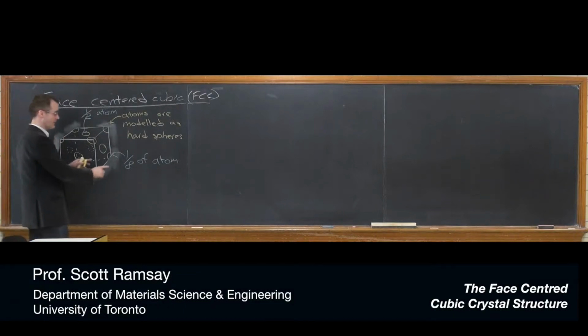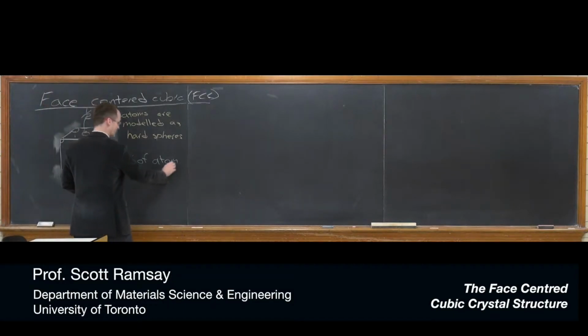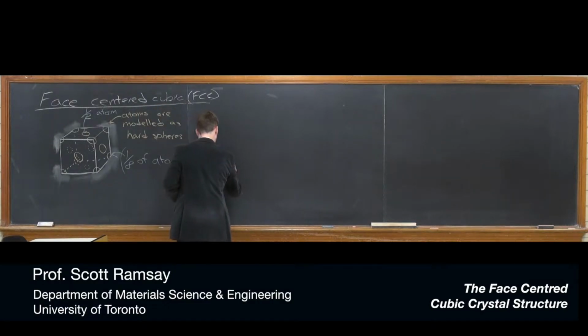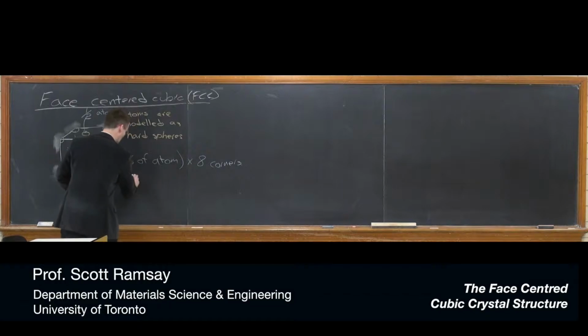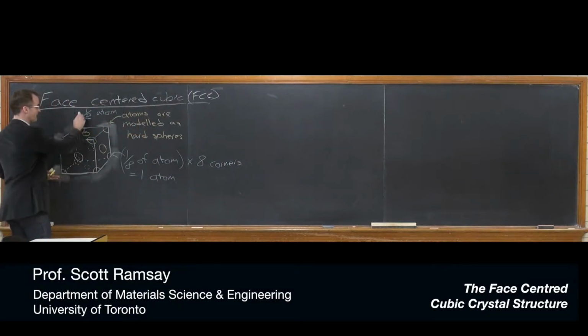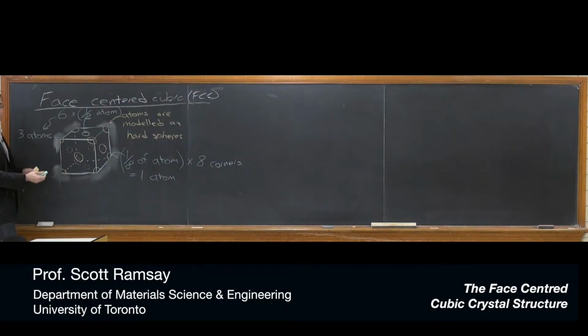So in fact, the next thing we could do is we could total up the number of atoms inside this unit cell. If there's 1/8 of an atom at each corner, and there's 8 corners on a cube, that's 1 complete atom contributed from the corners. And then how about the faces? Well, there's half an atom on each face, and there's 6 faces. 6 faces, that gives us 3 atoms contributed from the faces.